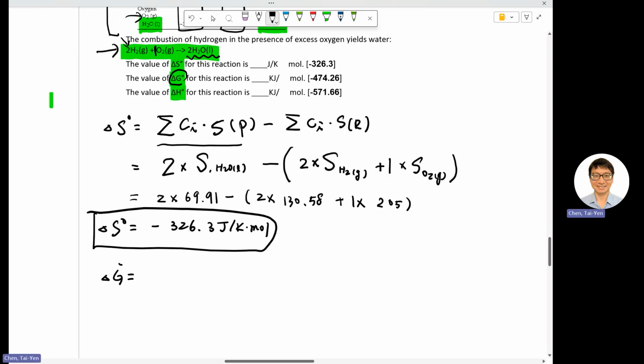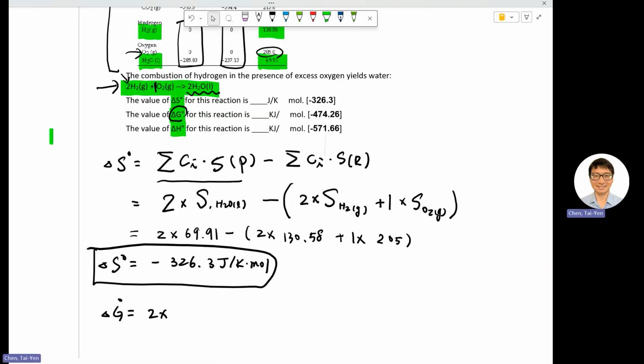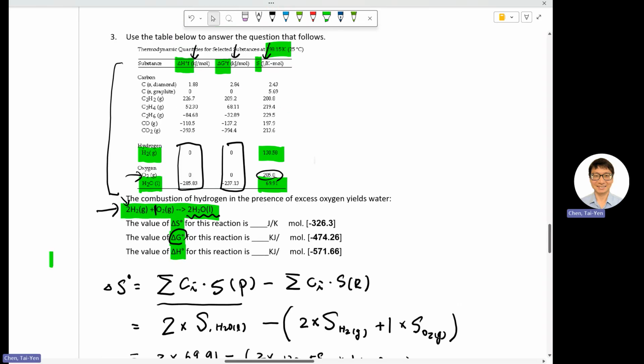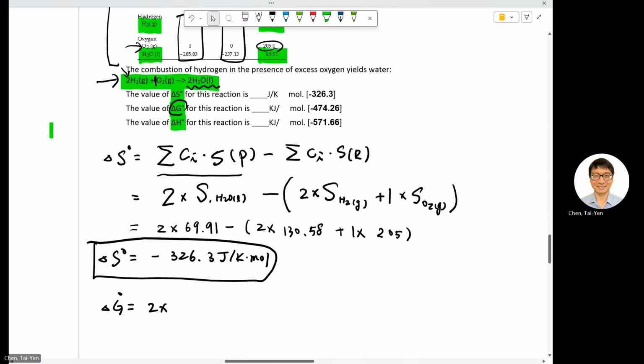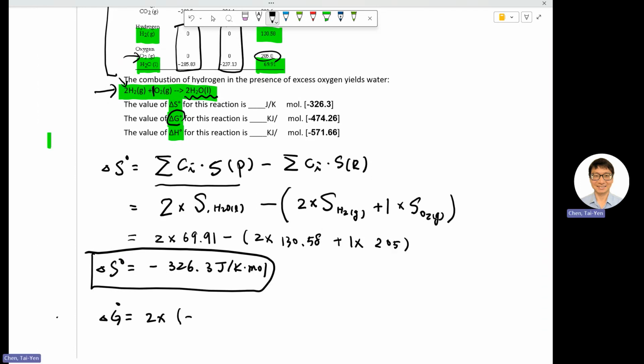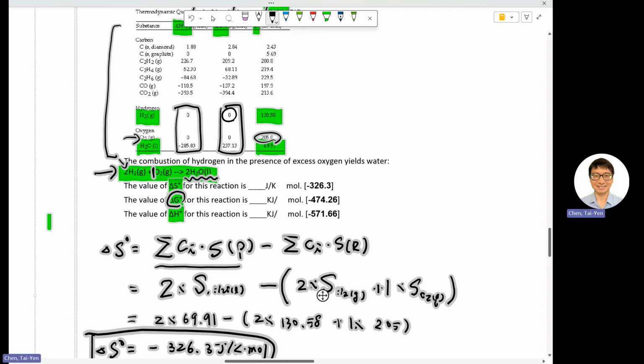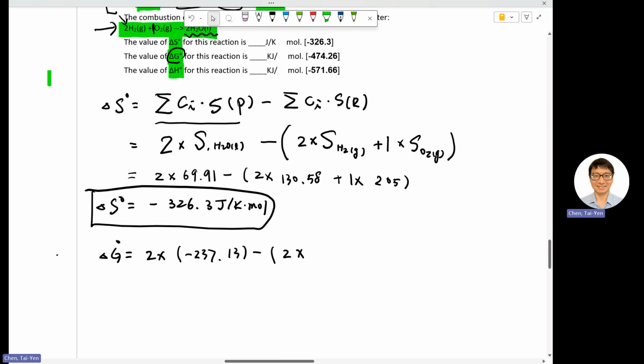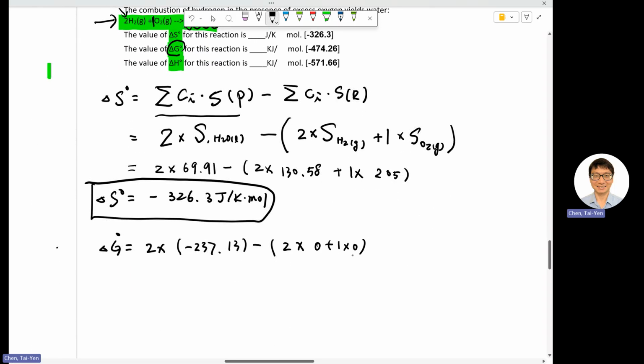Delta G equals 2 times H2O, and delta G is the second one, negative 237.13, minus 2 times 0 plus 1 times 0, because the delta G for your H2 and O2 are all 0. Therefore, your delta G will be negative 474.26 kilojoules per mole.